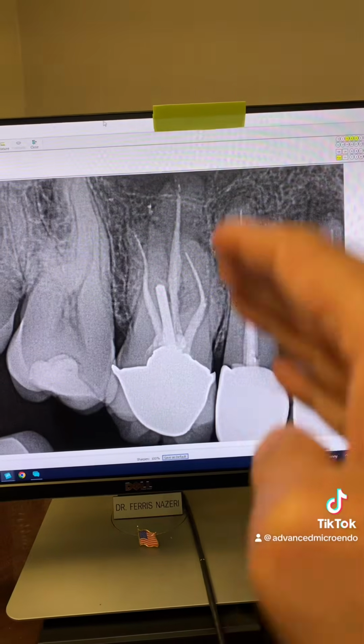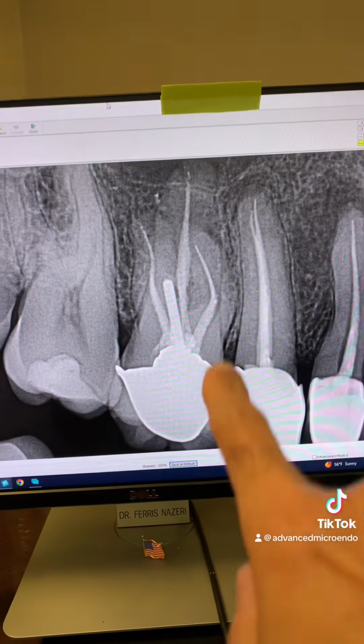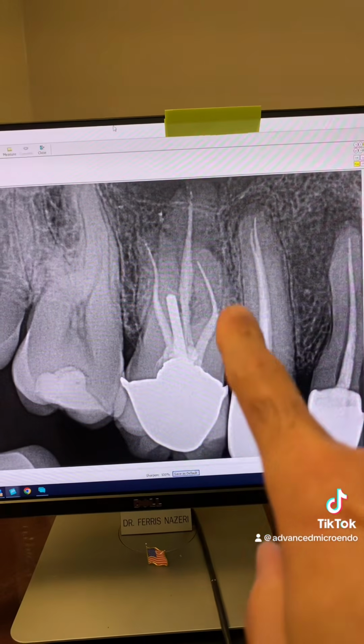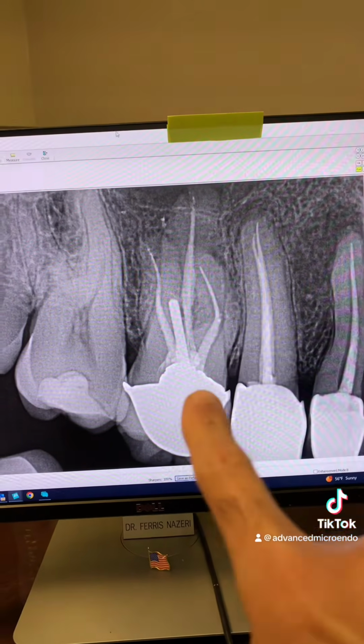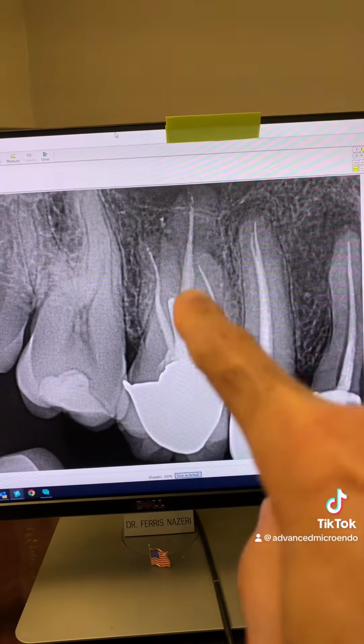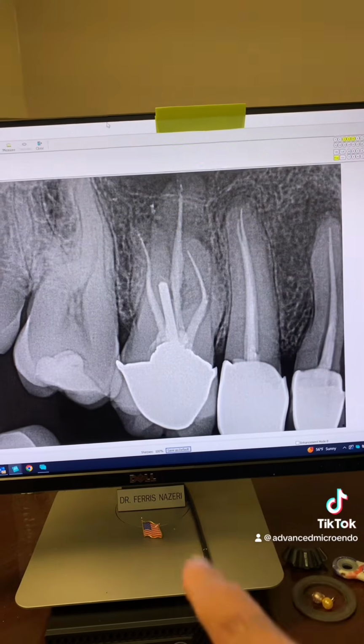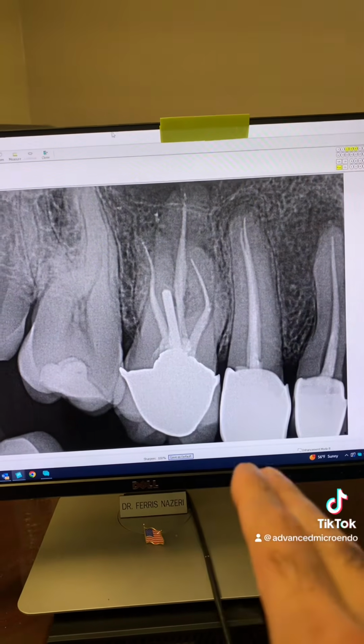And anyways, regarding tooth number 3, I presented this case a couple of weeks ago. As you can see, there's a broken file there, almost perforated in the palatal with that post, periapical radiolucency there and there. So we discussed options with the patient, and the patient wanted to try to save the tooth.